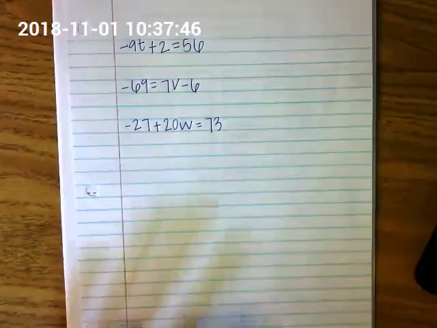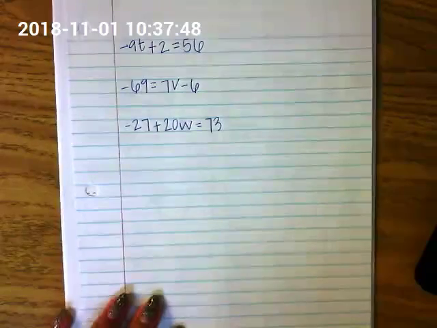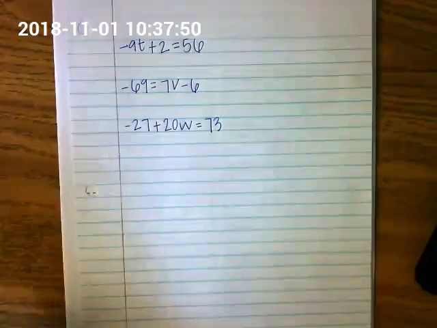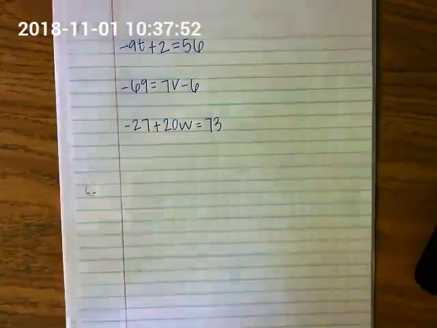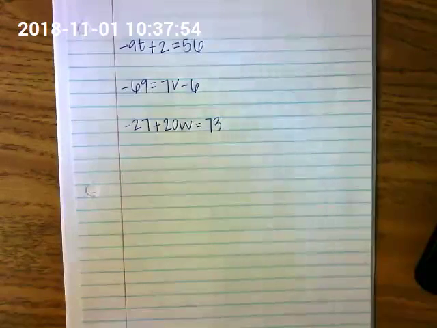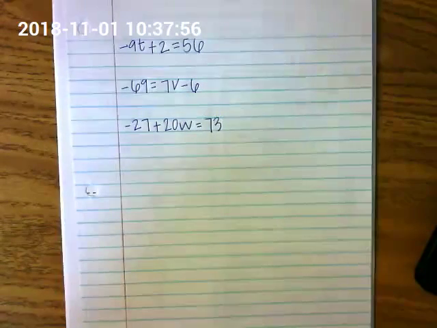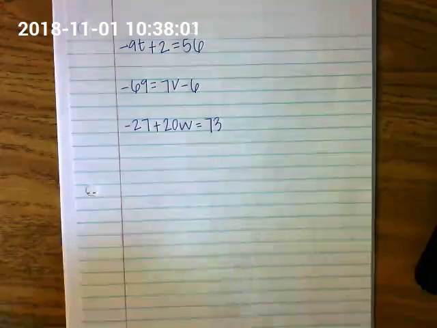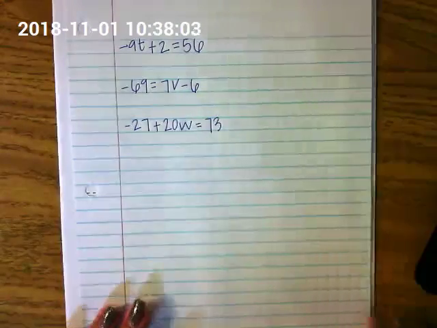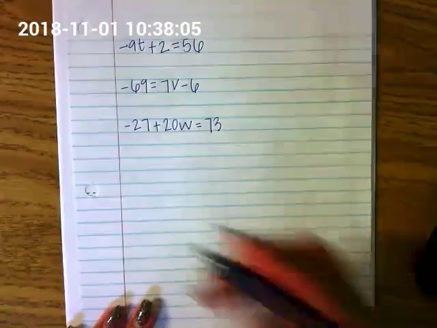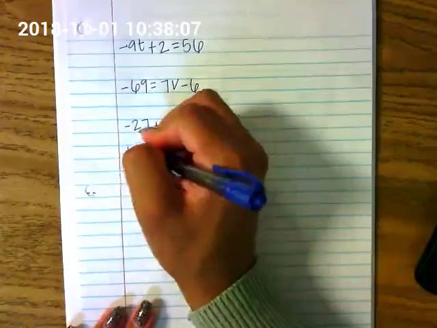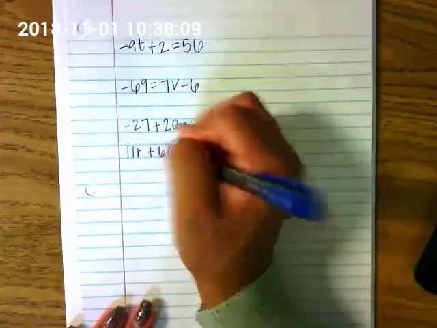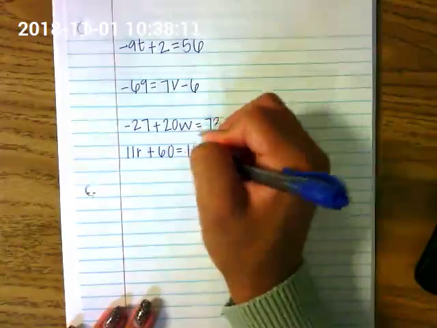So it doesn't matter the order it's in. Identify who's Bob, identify mom and dad, or just think about your operations you're undoing. So whatever way you want to do it, make sure you're undoing addition and subtraction first, then multiplication and division. 11r plus 60 is equal to 16.